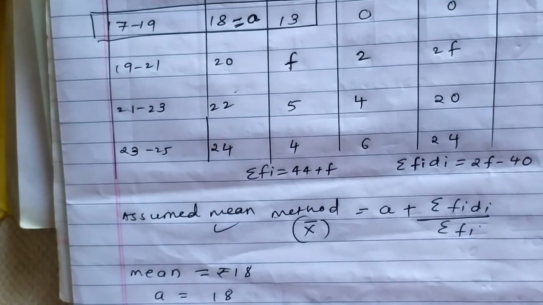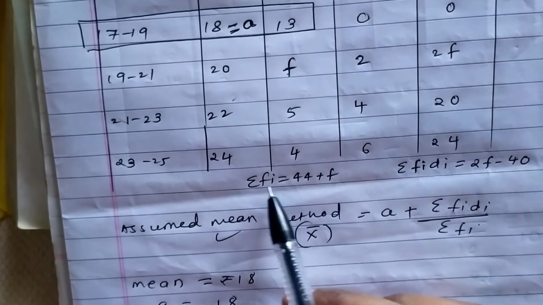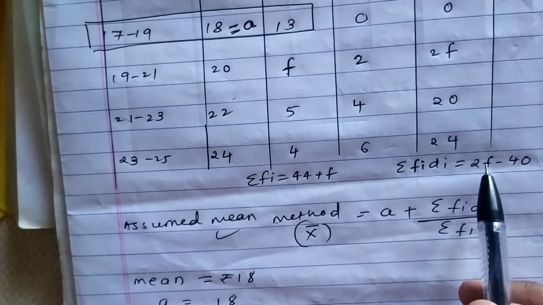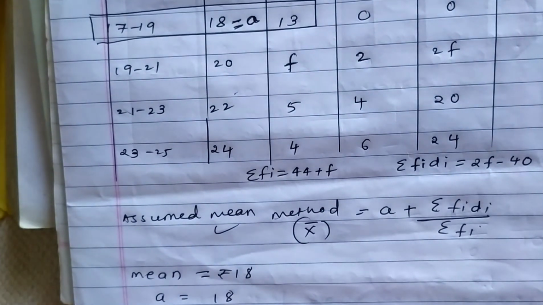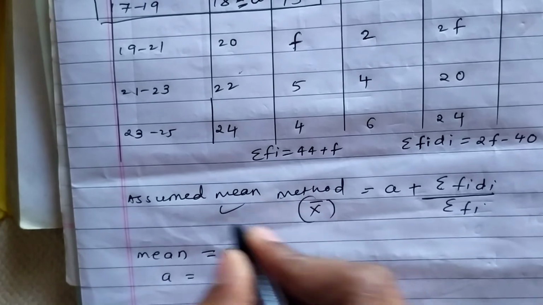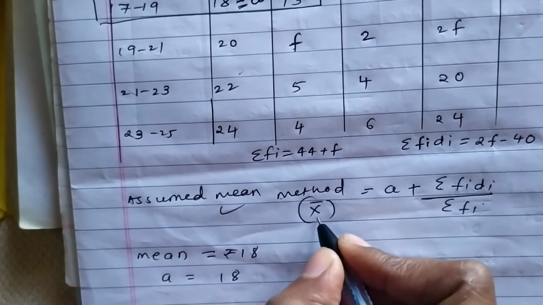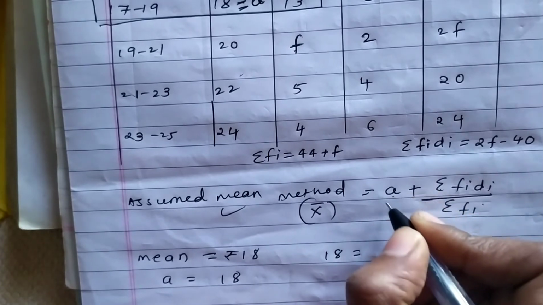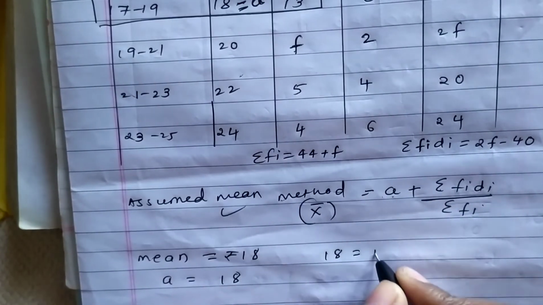Now we got these three values and we also have the assumed mean. Only we have to find the unknown frequency f. When you put the summation of fi, we have f here, and here also we have f. So by using the transposition method of finding the unknown value, you can find the unknown frequency. We have the assumed mean, which is already given, 18, the class mark of the model class.